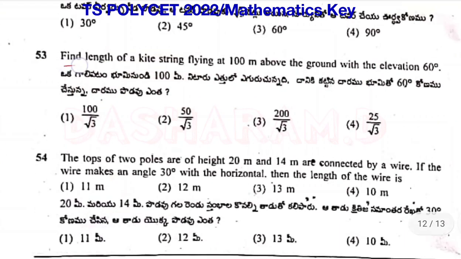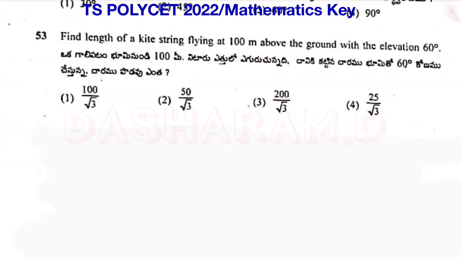Next, question number 53. Find the length of a kite string flying at 100 meters above the ground with an elevation of 60 degrees. So here is a kite. It is flying at a height of 100 meters. So it's a string. String means the length of a thread.